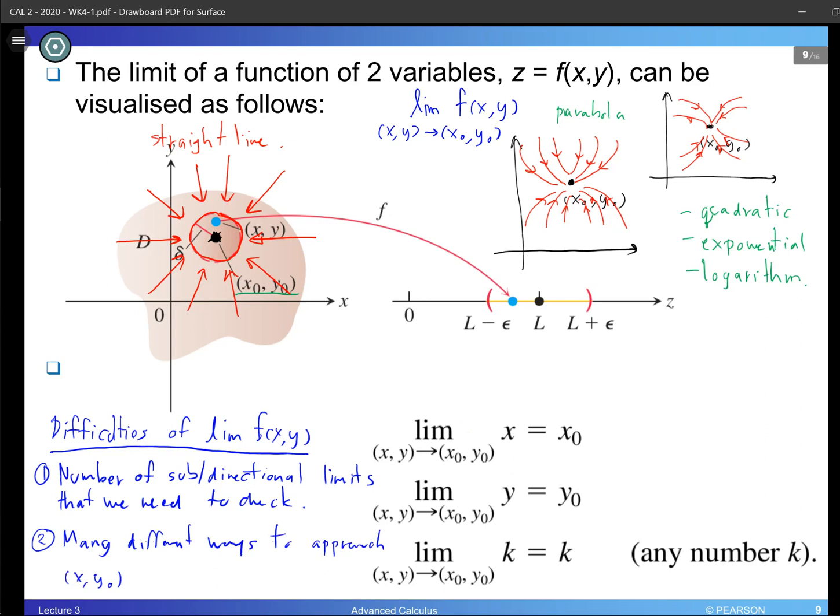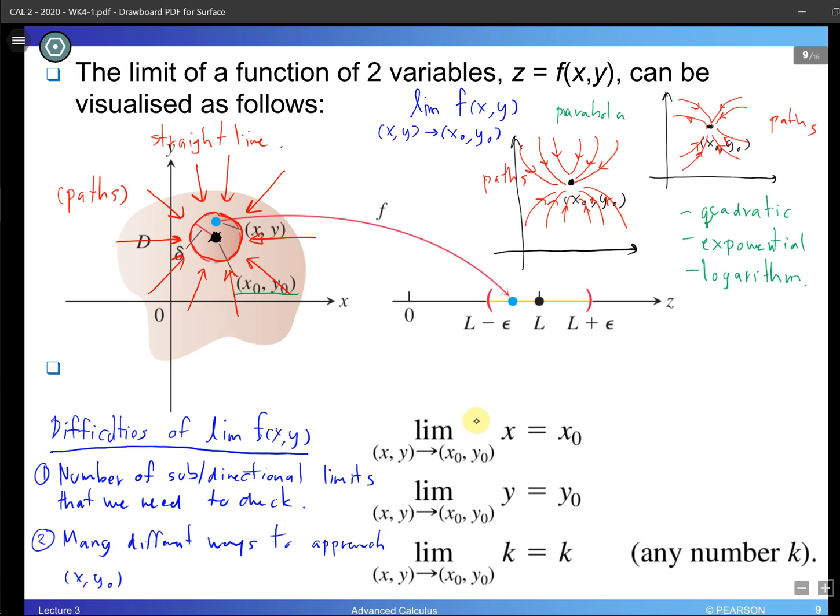And here are the difficulties. The number of the paths. Oh, by the way, sometimes we call these directions, many directions, paths. Well, I should say paths, because we have lots of them. And same here. We need to check all the paths, all the different ways, and then prove that they're all equal in order to guarantee the existence of the limit.